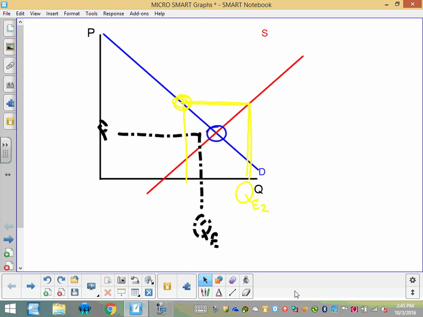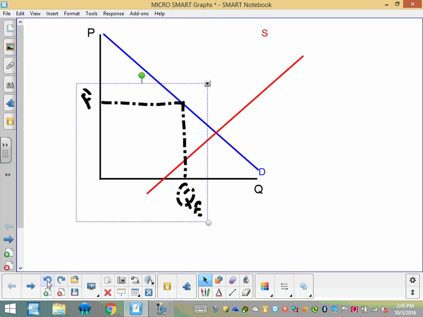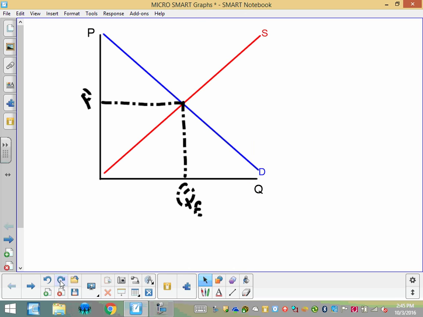And here, let's throw this one at you. It's going to be, I think, really easy. If this price was $30, what happens if all of a sudden I say, now it's $25? What occurs?